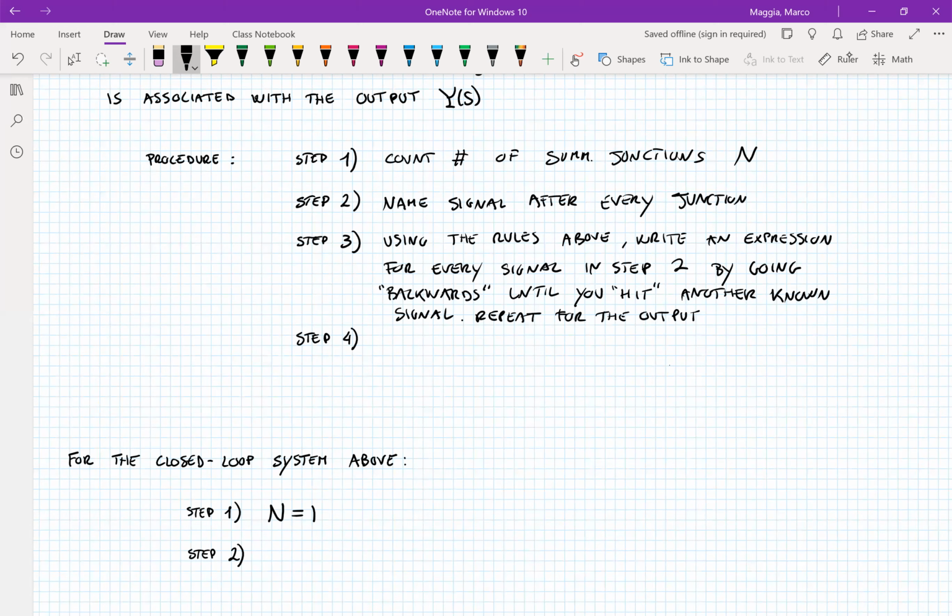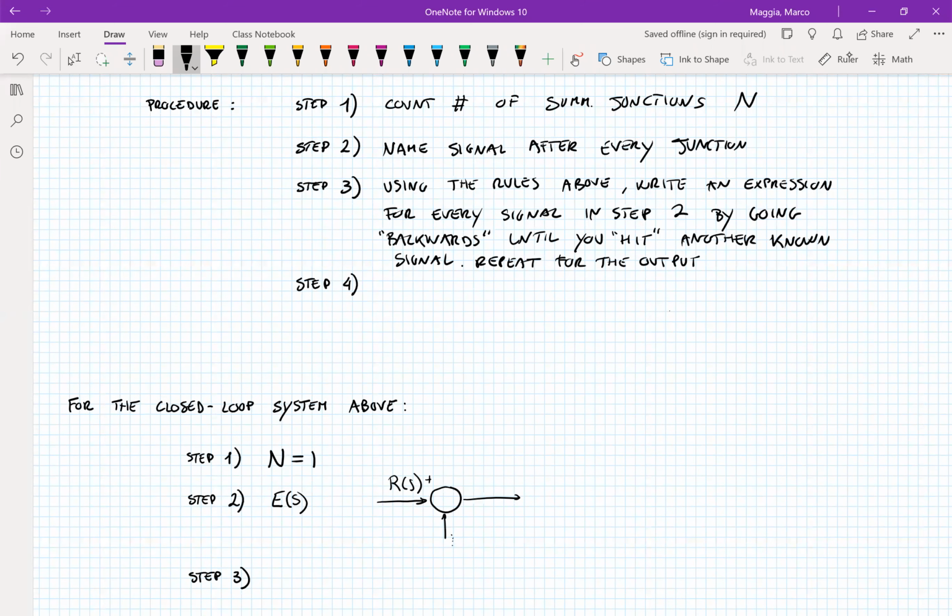All right, let's see what it means practically speaking. So for our example, I forgot to fill in step number 2. Step number 2 is just the error, because we had the summing junction with the input with a plus, and whatever signal we have here, it doesn't really matter, but we want to name what comes out of it, and we named it E of S. All right, so now step number 3, we have to write these expressions.